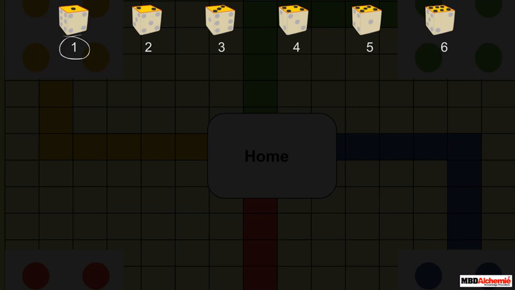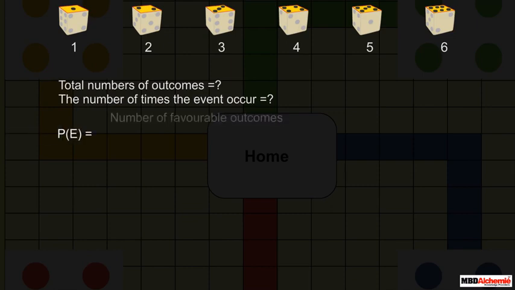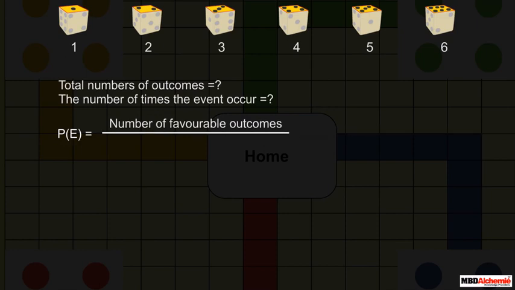To find the probability of getting each number, we first need to find the total number of outcomes and the number of times the event occurs, for which we are finding the probability. Also, as we know, the formula for getting an event is the number of favorable outcomes to that event upon the total number of outcomes.